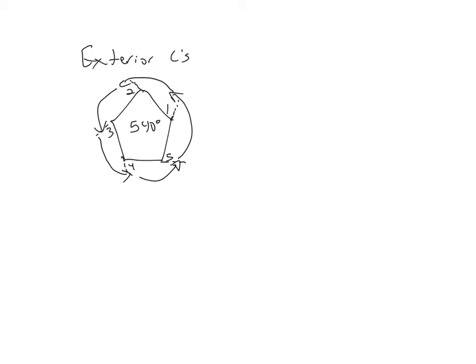Okay, and a circle has 360 degrees. So exterior angles of polygons equal 360 degrees no matter what the shape is.